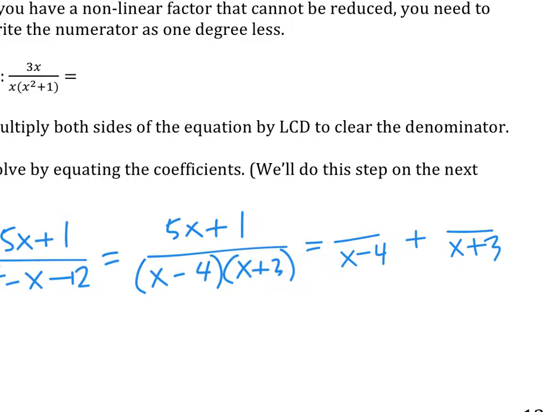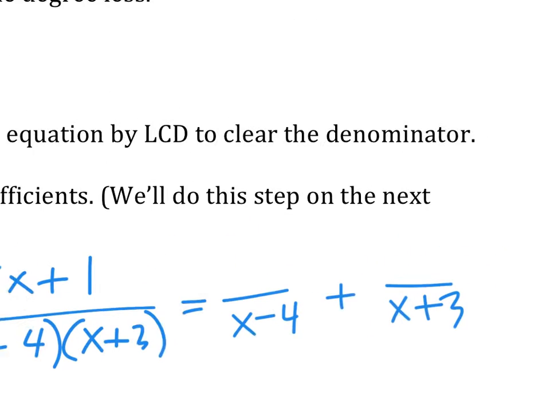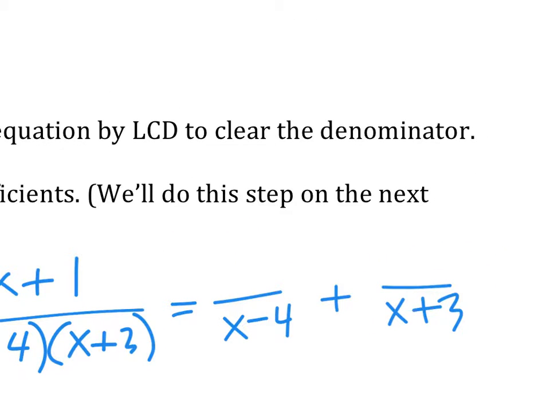All right, step 3 has a second part. Whatever the denominator is, we're going to put a placeholder in the numerator that is 1 degree less than the denominator. Okay, x minus 4. What is the degree of x minus 4? 1. What's 1 degree less? 0.